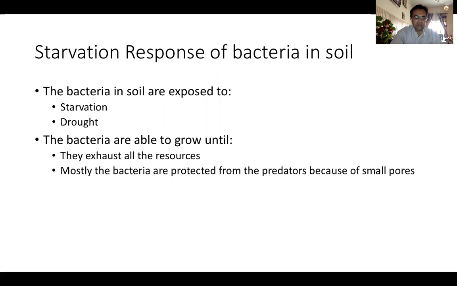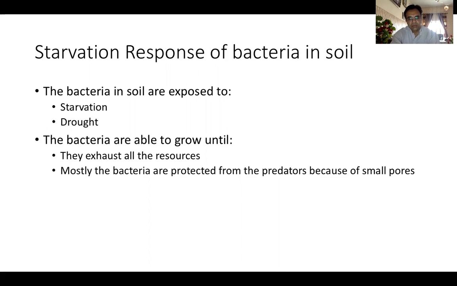As soon as the resources are finished, their growth will stop, or they will encounter some kind of predator, and the predator will reduce their population size to a limit where they will continue to grow as normal.